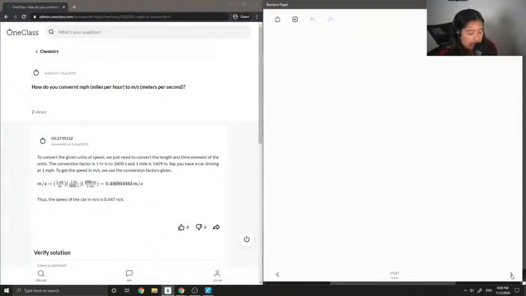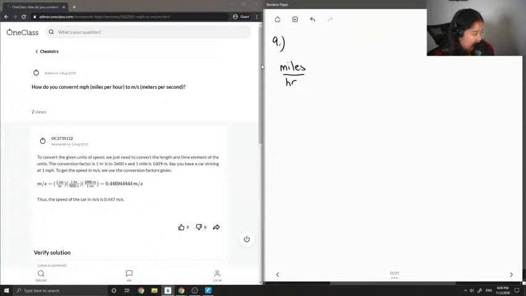Okay, so let's check out question number 9. How do you convert mph, miles per hour, to meters per second? So let me write mph as miles over hour. To convert to meters per second, first I'll look at the seconds portion.